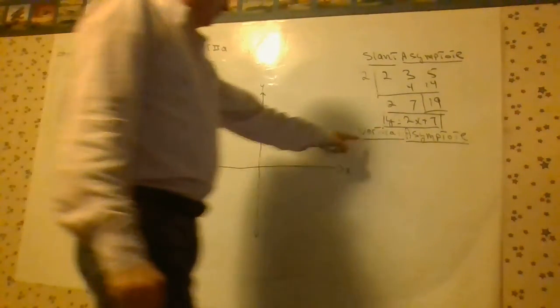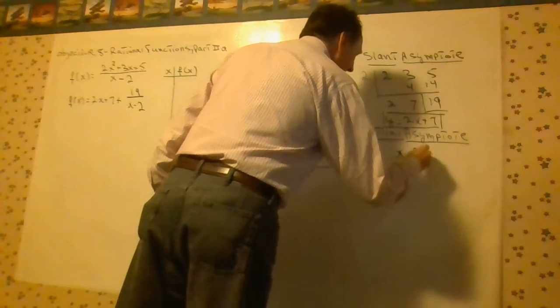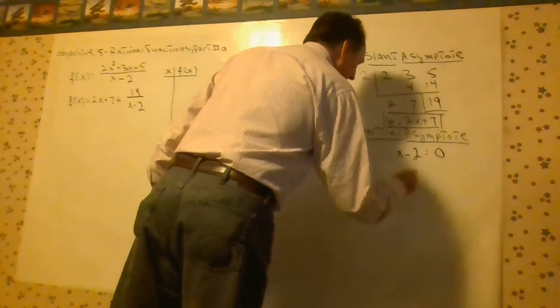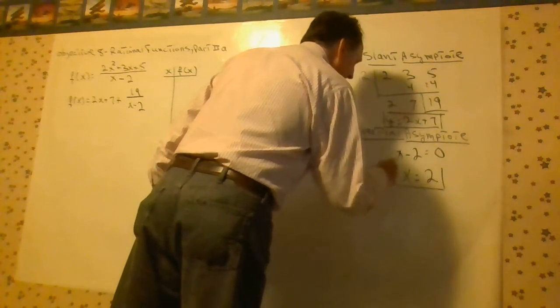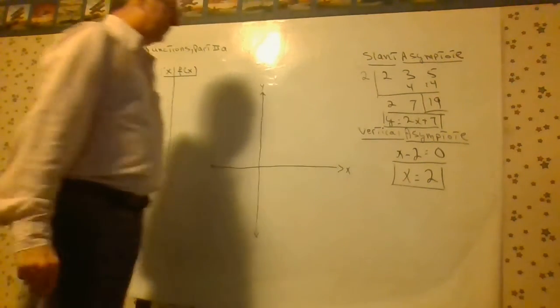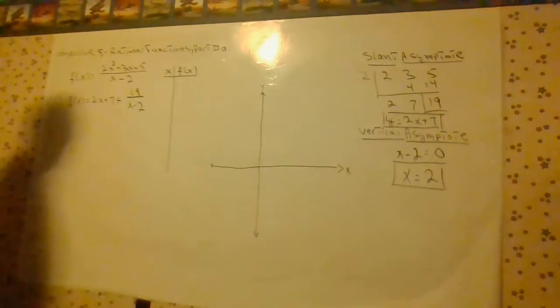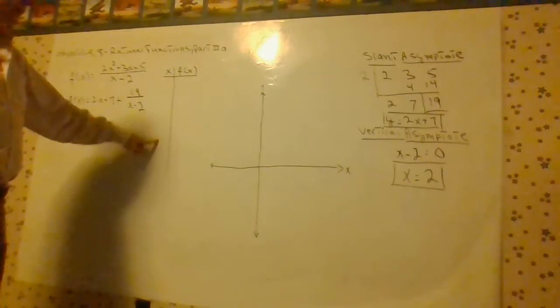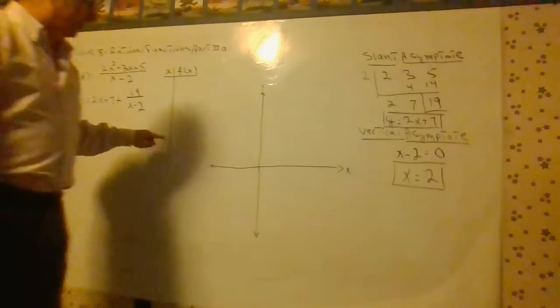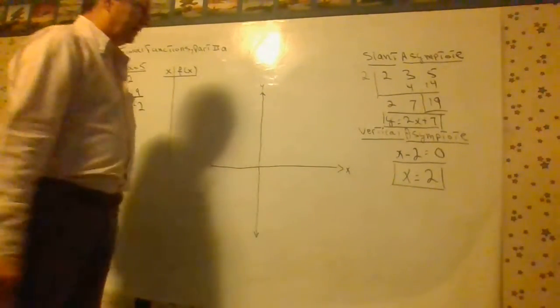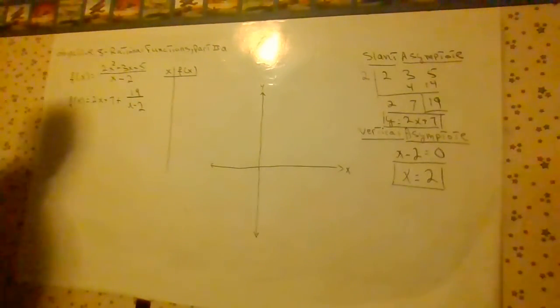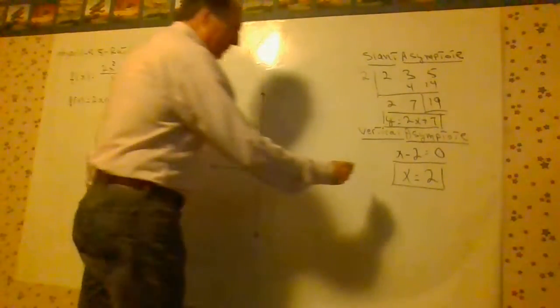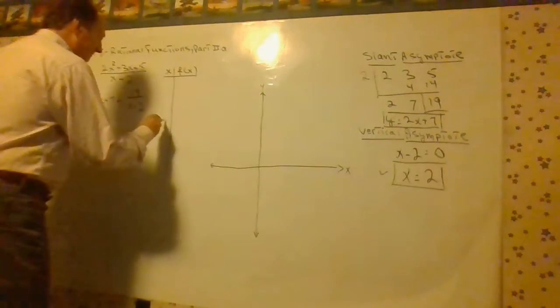Now the vertical asymptote, same technique, we will set x minus 2 equal to 0, and we get x equals 2. There's our vertical asymptote. Now we're going to make a table, and the table largely is going to define the scale on the x and y axes. x equals 2, that's still our central value.